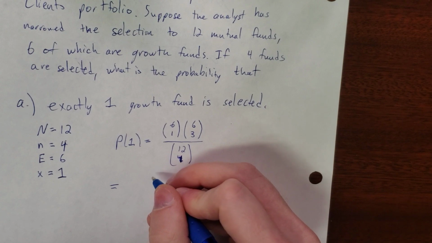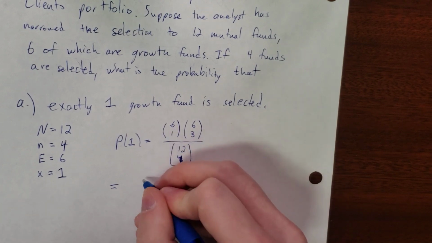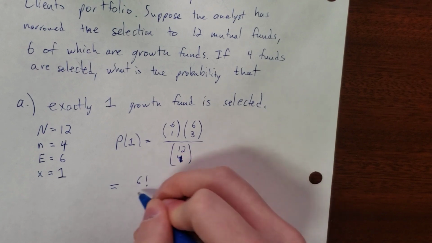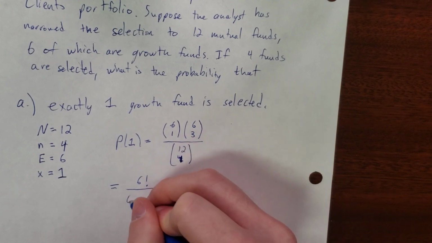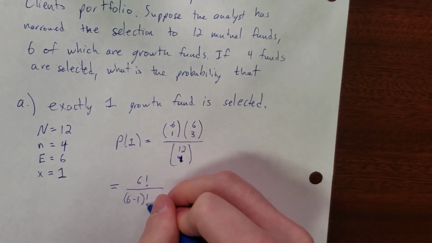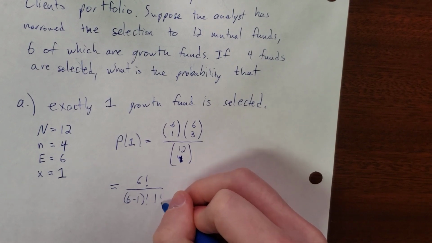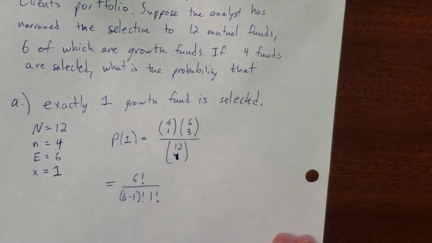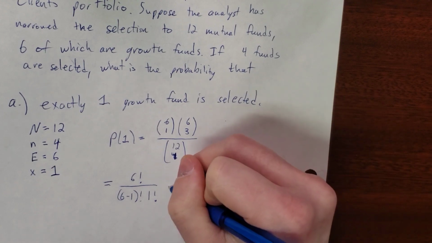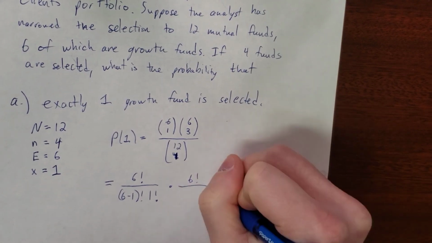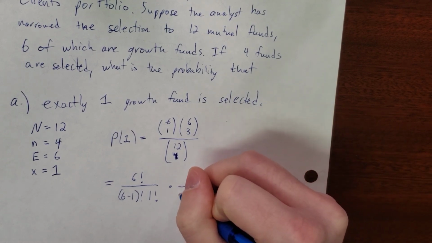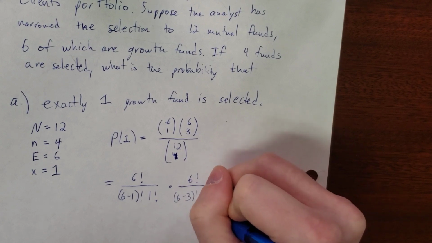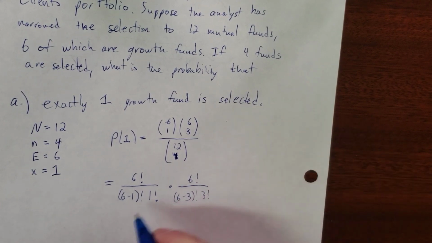The choose function says, if this is a choose b, this is a factorial divided by a minus b factorial times b factorial. And then 6 choose 3 will be 6 factorial divided by 6 minus 3 factorial times 3 factorial.